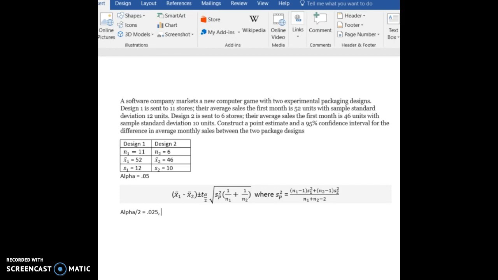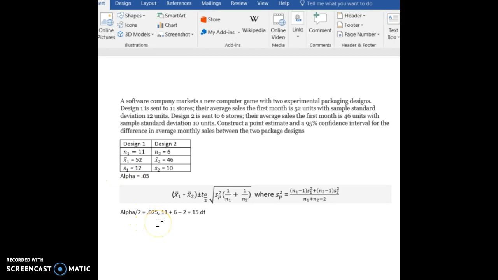So, our degrees of freedom are our n1 plus our n2 minus 2. So that's 11 plus 6 minus 2, and that is going to give us 15 degrees of freedom. I'll just say 15 df.